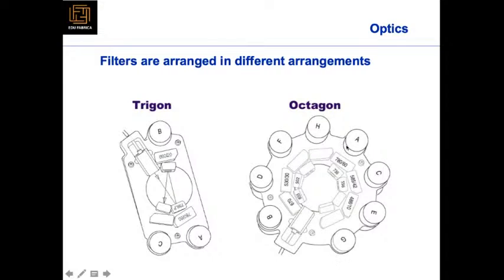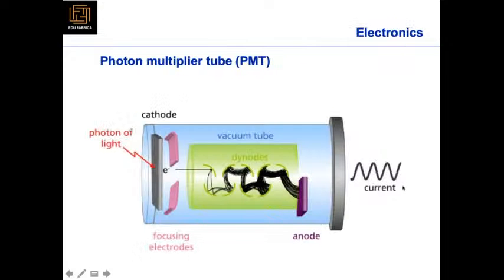The photomultiplier tube has a cathode. From the cathode, a photon of light goes through a series of dynodes, and from these it gets multiplied, its energy increased, to be absorbed at the anode.